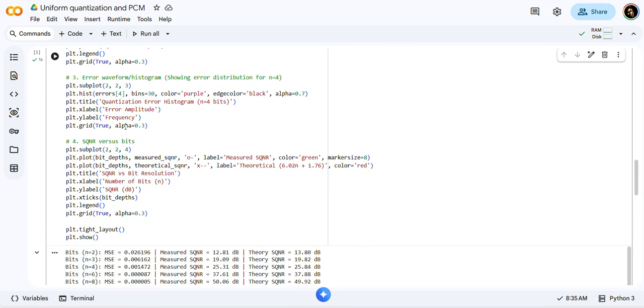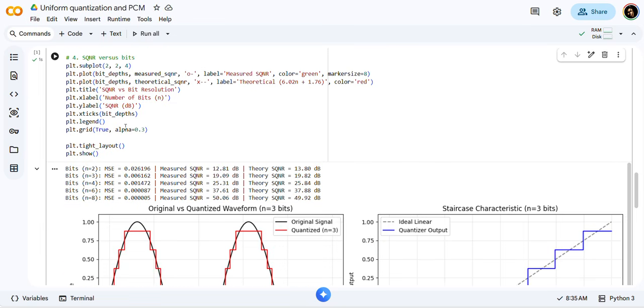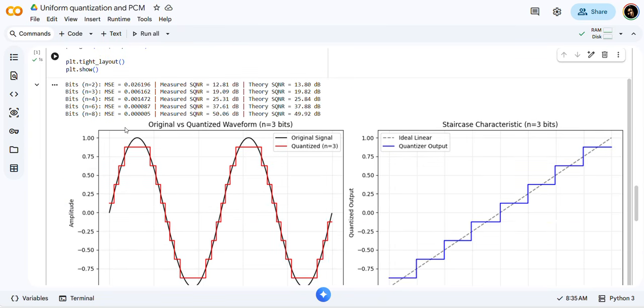Plot 4 visually graphs the measured SQNR against the 6.02 n plus 1.76 formula, showing a perfect linear correlation. Now we'll explain the graphs.